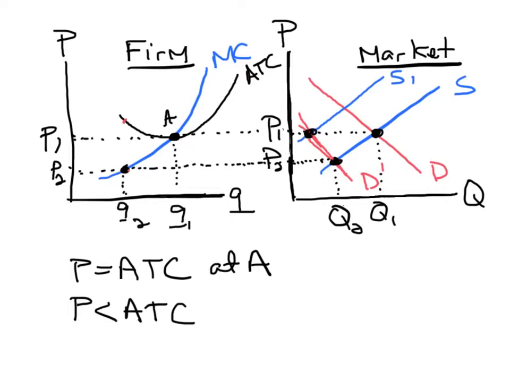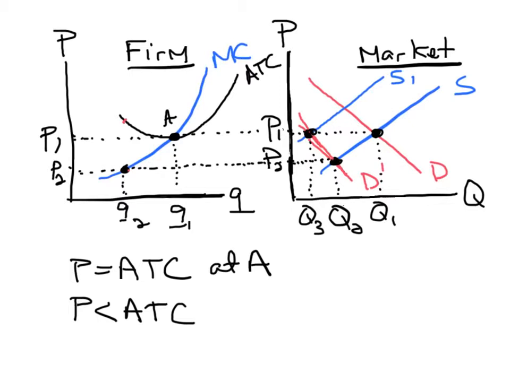So what happens is that companies will have to exit the industry because they're having losses, and they will continue to exit the industry until the price is driven back up to A, and we are back at the equilibrium level that we had before. Notice that at that point, we have Q3 in the market.